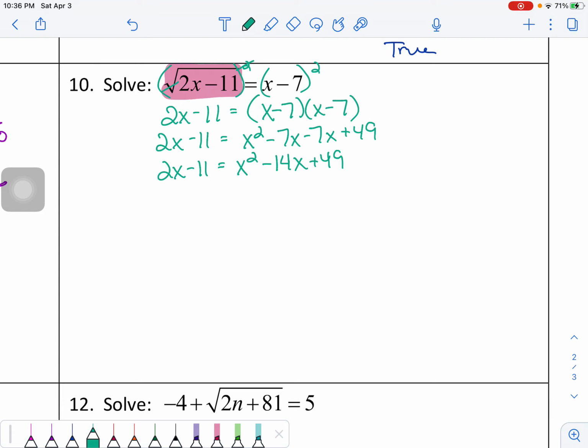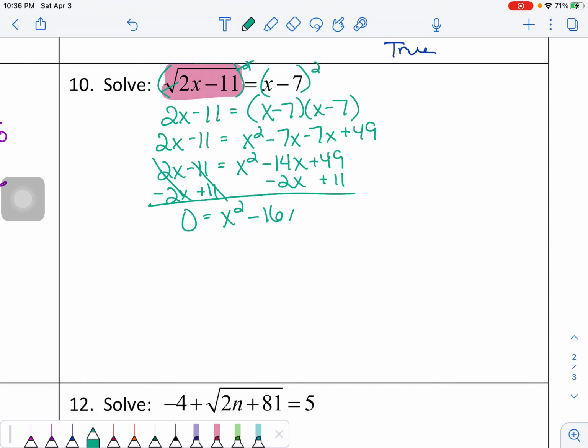All right, so I want to now get everything to one side and make, in this case, the left side equal to 0. So minus 2x plus 11, minus 2x plus 11. So 0 equals x squared minus 16x plus, I think that's 60.